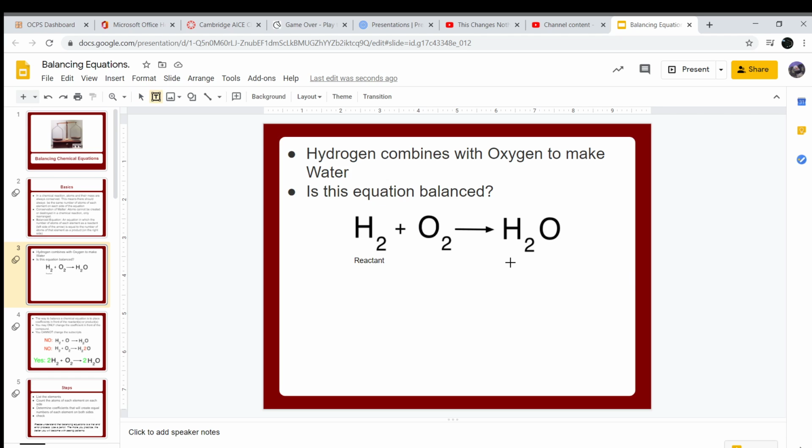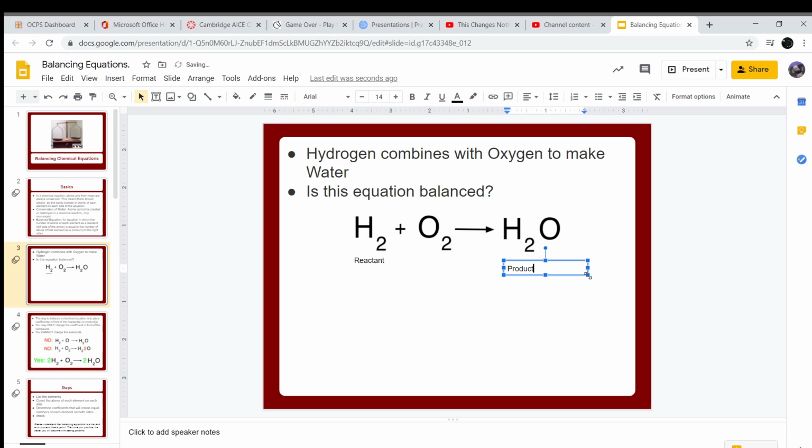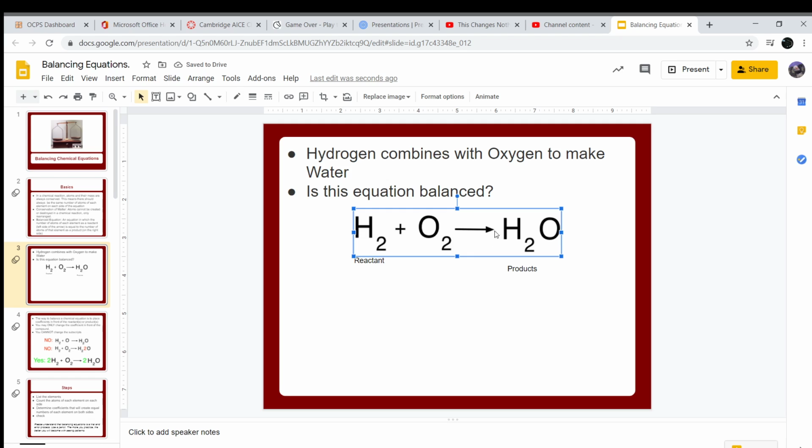And our last thing are our products. Then this arrow says, hey, we have H2O and oxygen coming together to make, or reacts with. This arrow just shows that we have a reaction happening here. Okay.